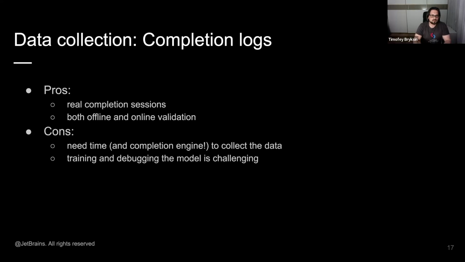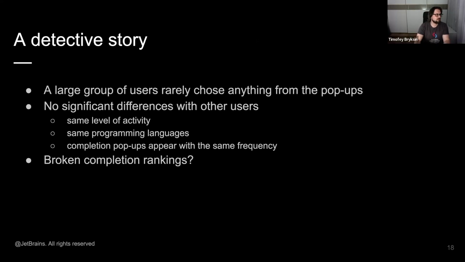Sometimes it gets to very tricky situations, and I wanted to share one such case with you. We noticed that a group of users very seldom chose anything from the completion pop-ups. The group was quite big, so we could not dismiss it as a statistical outlier and ignore it.